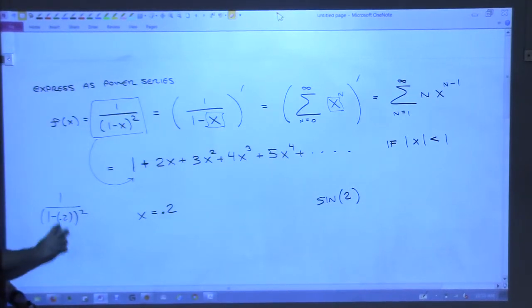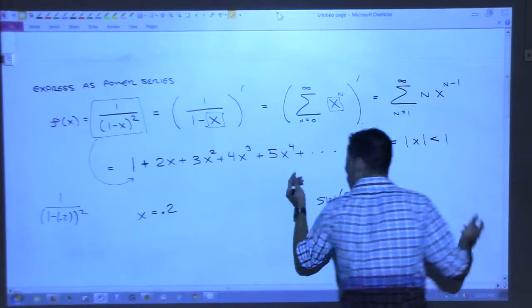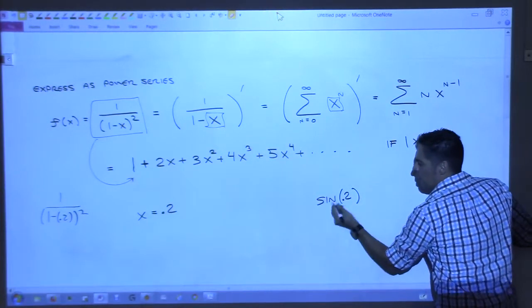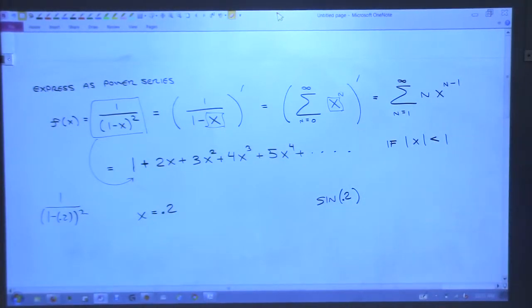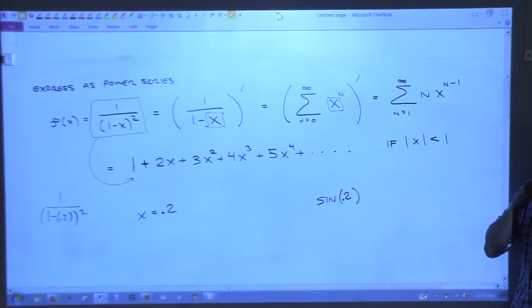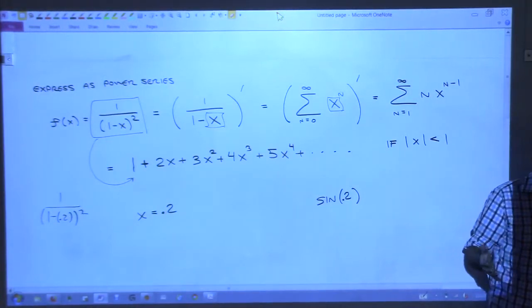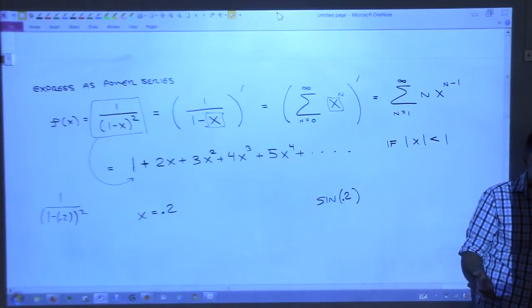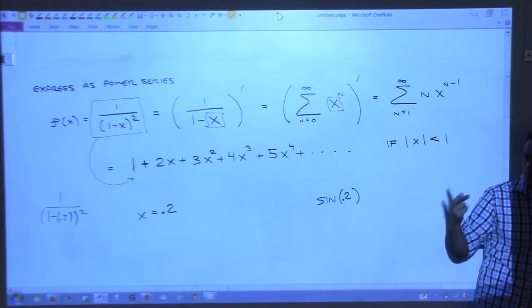Yeah. But if I come over here and do sine of 0.2 so I can keep it consistent, what is my calculator doing? Well, kind of, but your calculator and any computer can only do what? Addition, subtraction, multiplication, and division.